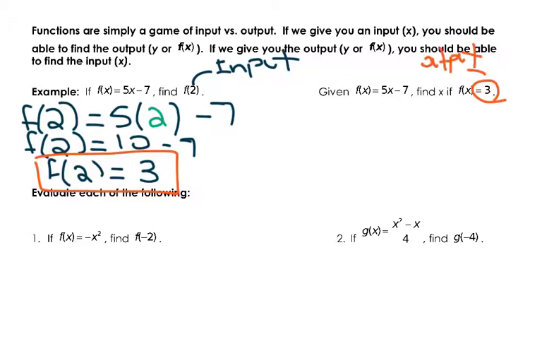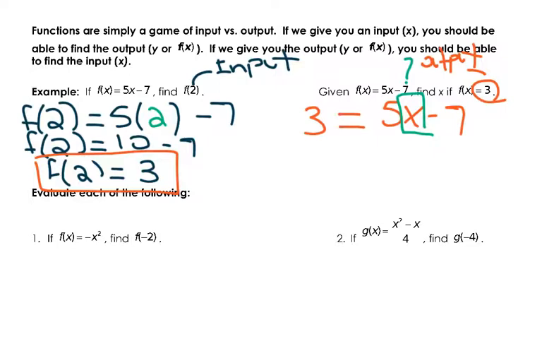So that means you want to set this problem up as 3 is equal to 5x minus 7. So in this case, we're looking to find what x is. That's our goal. What is x?